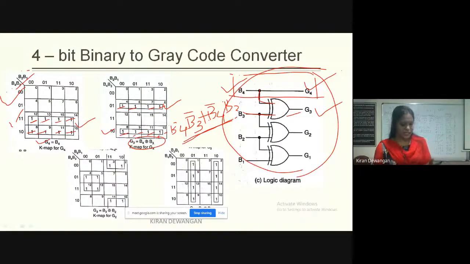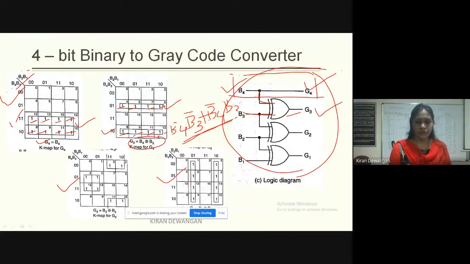Now I guess XOR क्यों यूज होता है ये आपको क्लियर हो गया होगा, right? The one who was asking why are we using XOR, is this concept clear? So this is how we'll use XOR for the conversion of binary to gray code.